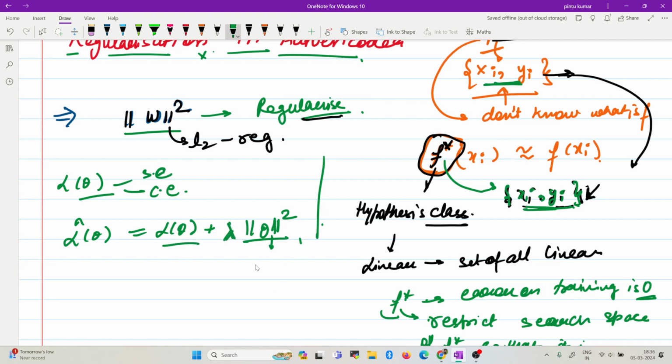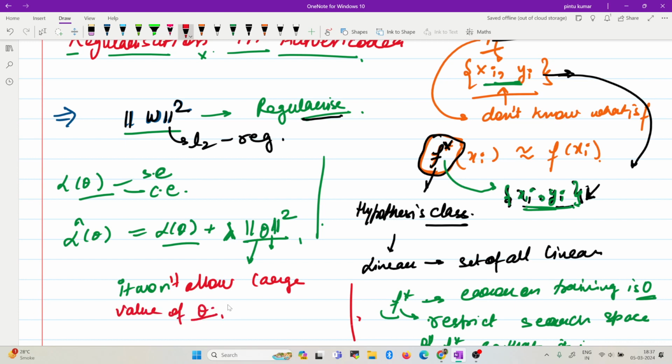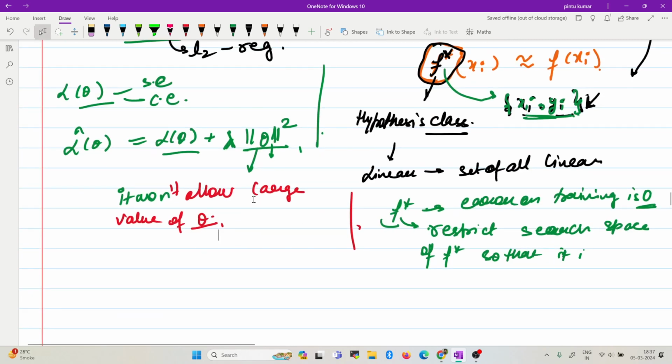So what it does is it won't allow large values of theta. Because you are not allowing large values of theta, you have restricted your search space to a smaller space where your theta values are small.